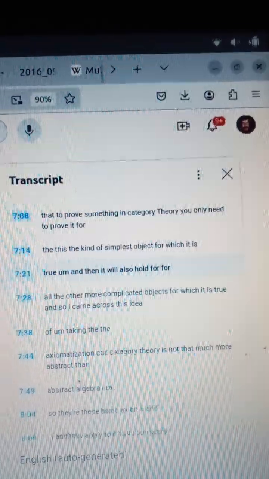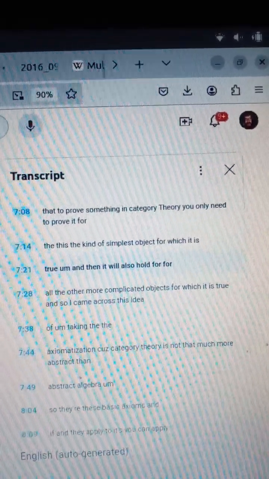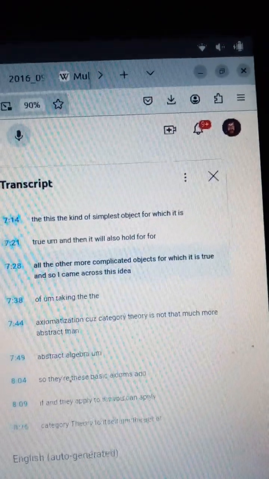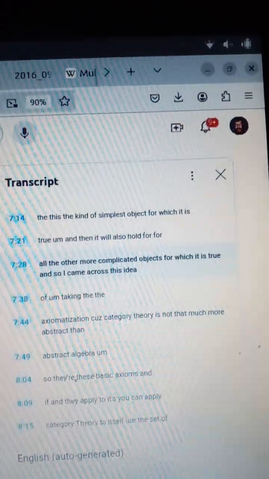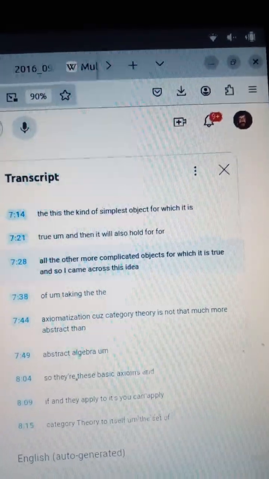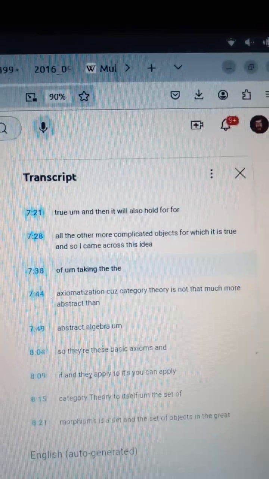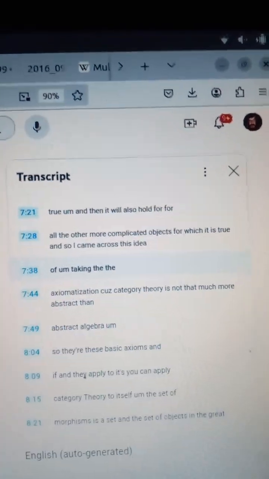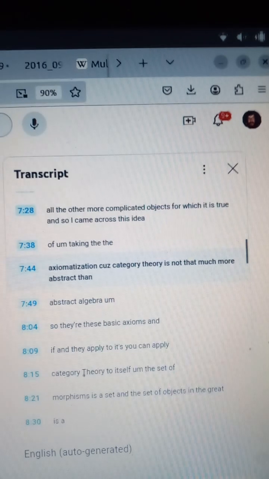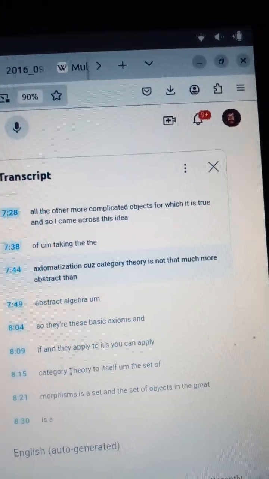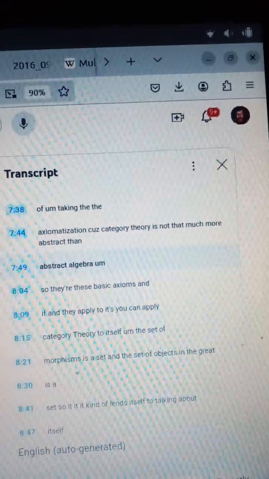And then it will also hold for all the other more complicated objects for which it is true. And so I came across this idea of taking the axiomatization, because category theory is not that much more abstract than abstract algebra.